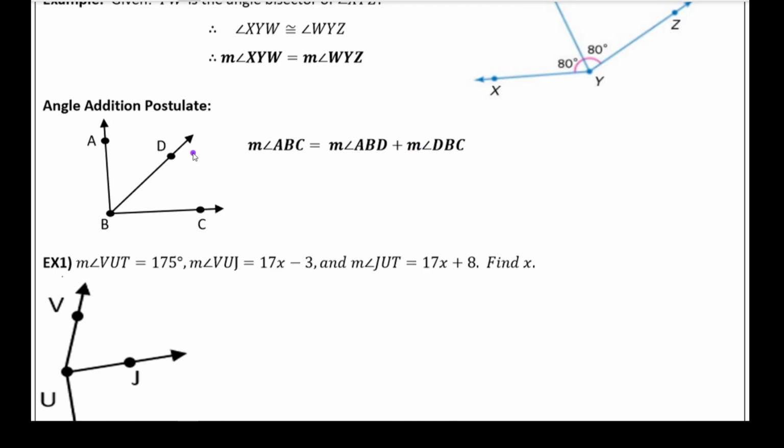So the measurement of angle ABC, which is the big one, is going to be equal to the measure of the other two angles. You're going to take this one here and this one right here, add the red with the blue equals the green. So the big angle equals the sum of the two smaller angles.